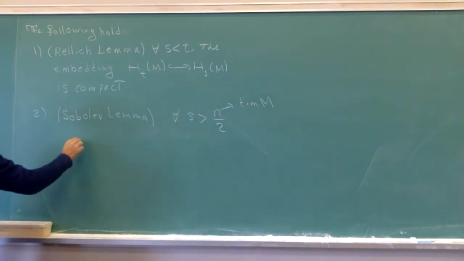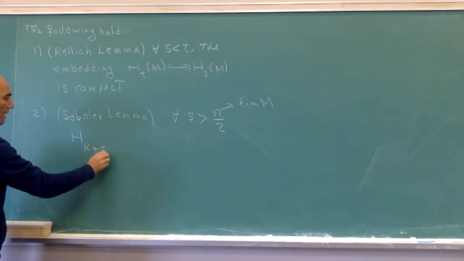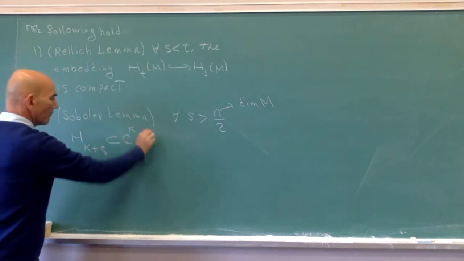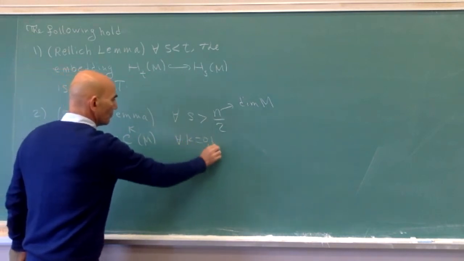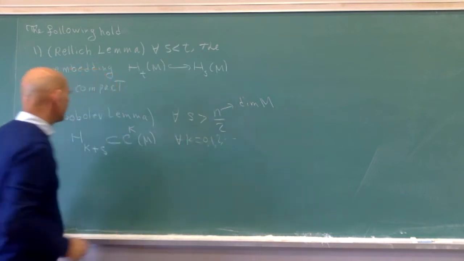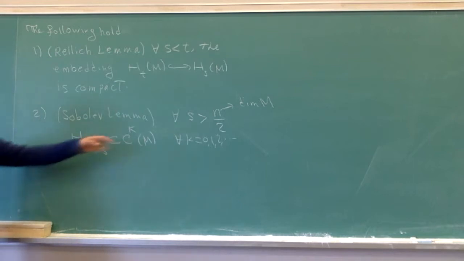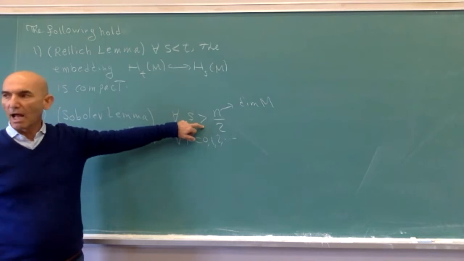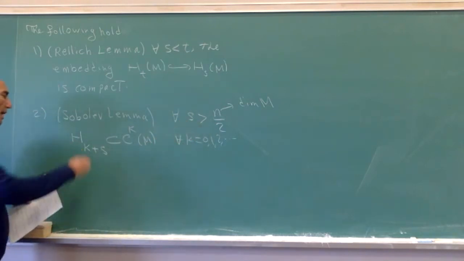So we have that H^{k+s} is inside C^k(N), for any k equal to 0, 1, 2, ... As soon as you choose your integer k such that s is bigger than half the dimension n.